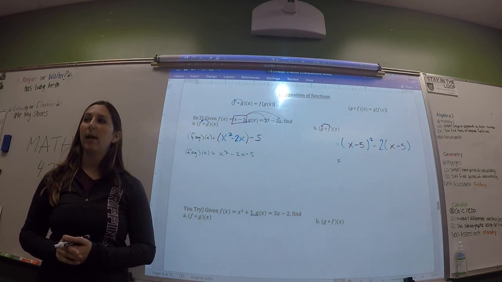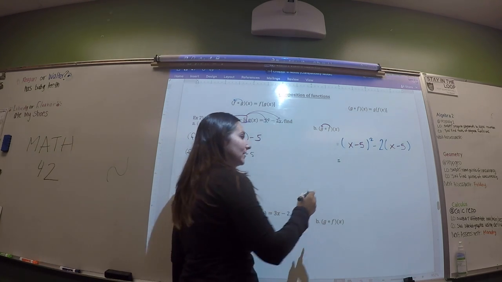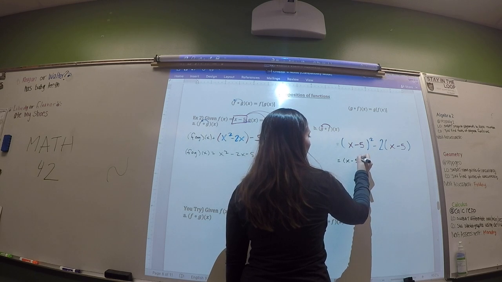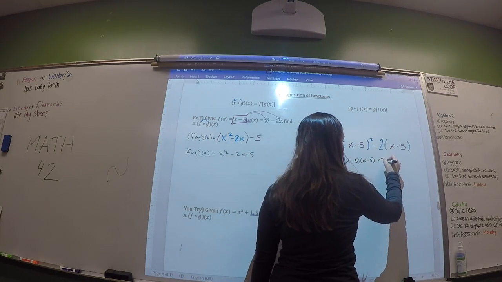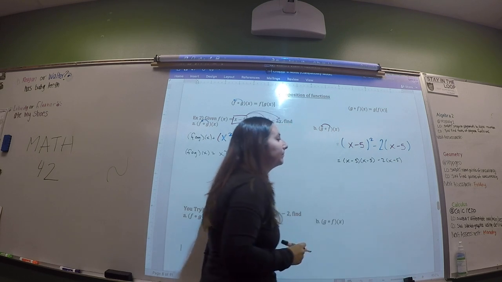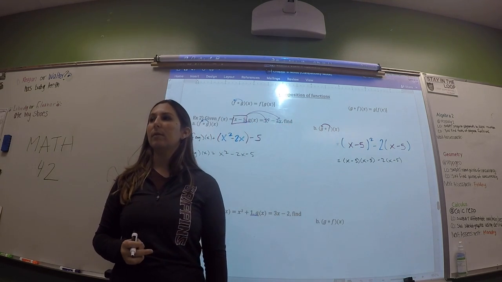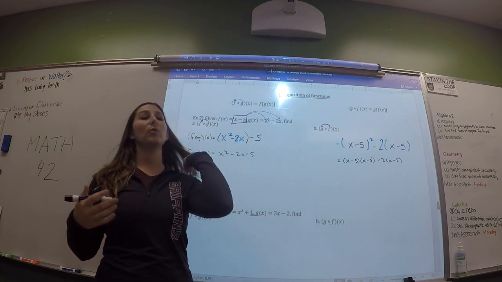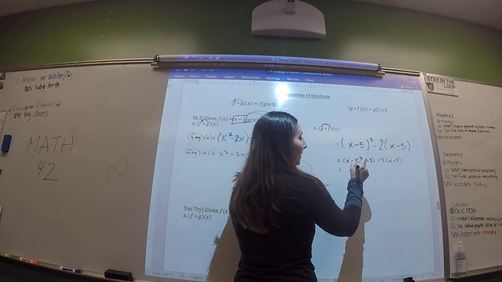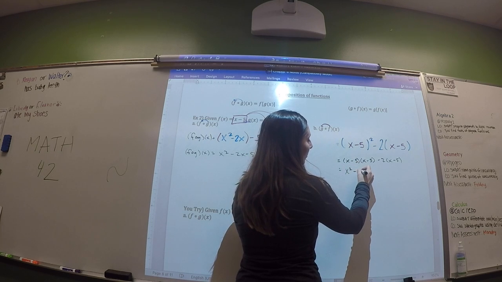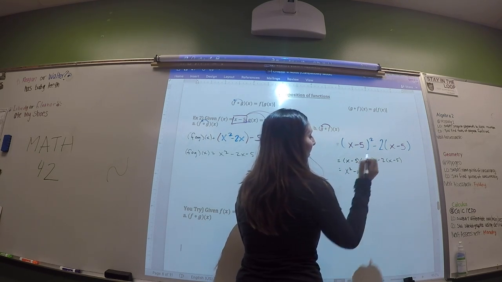Now when you simplify this, when you have a binomial squared, remember you have to FOIL it out. You're squaring a binomial, so you have to multiply the binomial by itself. When you square this, you get x squared minus 10x plus 25.